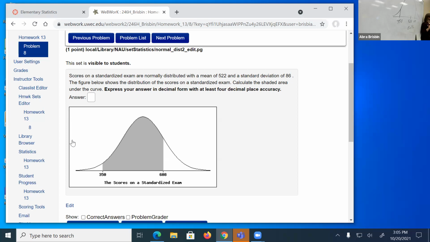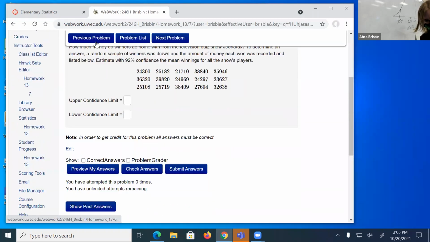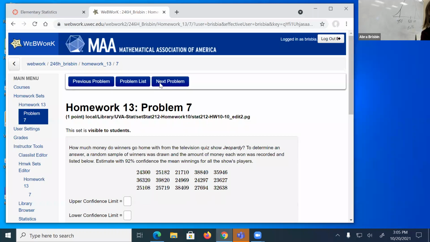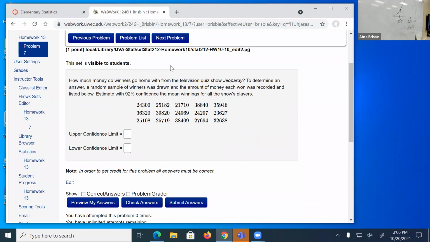Number 7. Okay, so number 7, this is the one where it gives you a bunch of data and asks you to find a 92% confidence interval.